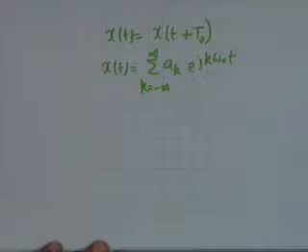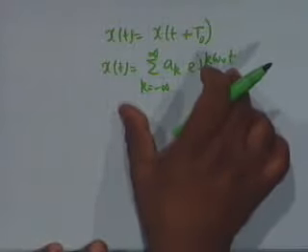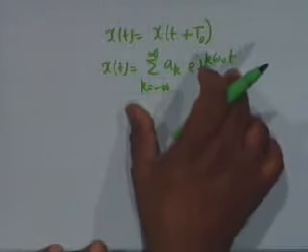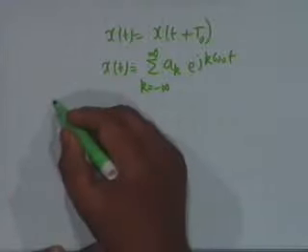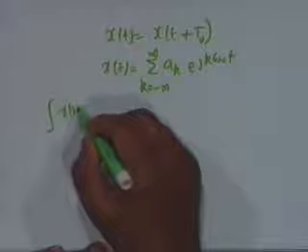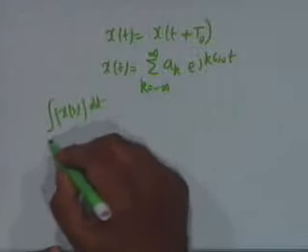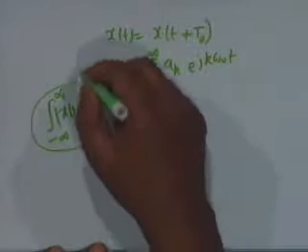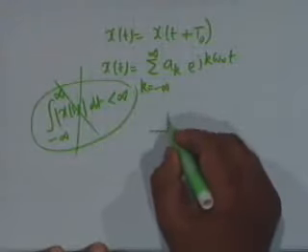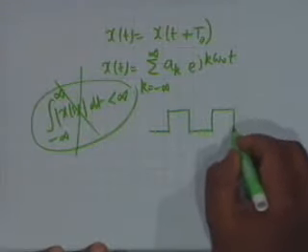A periodic function, as I had mentioned earlier, does not satisfy the sufficient conditions for existence. For example, the first Dirichlet condition, that it should be absolutely integrable, the integral of |x(t)| dt from minus infinity to plus infinity less than infinity. This is not satisfied by a periodic function like this.